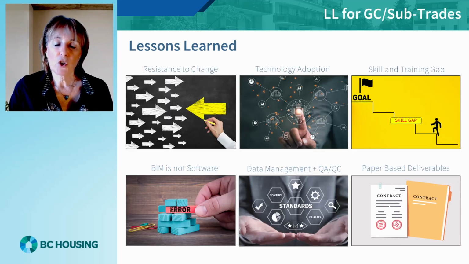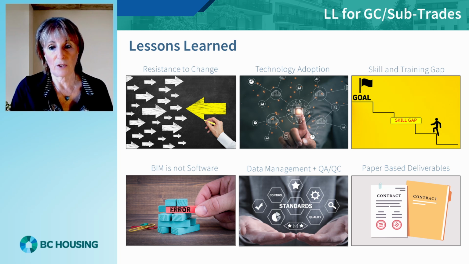These are the most common lessons learned which are observed when transitioning to a BIM process during the construction phase. Change management. As mentioned, people are the most complex aspect, and a single individual can upset the apple cart. Technology adoption and the skill gap pose challenges which can be addressed.